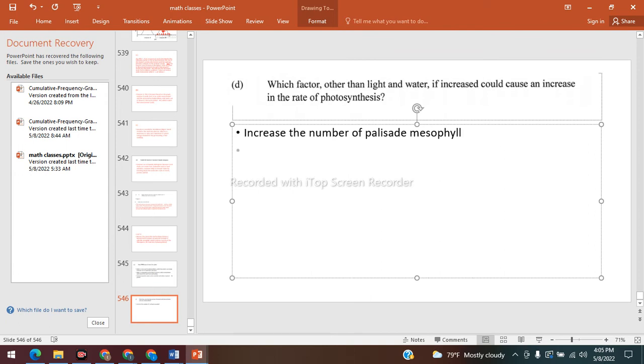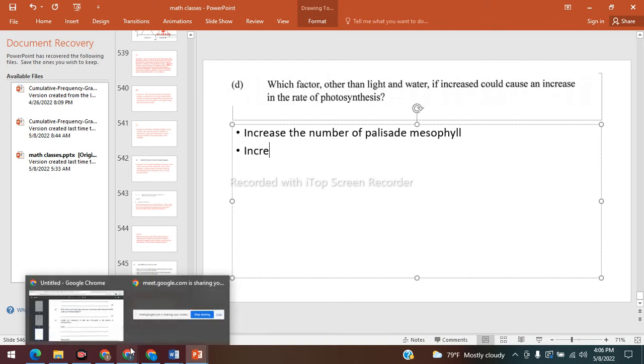The next thing we could do is increase... Why would you increase the number of palisade mesophyll? Okay, I understand that part. Oh, also, that's what you mean.